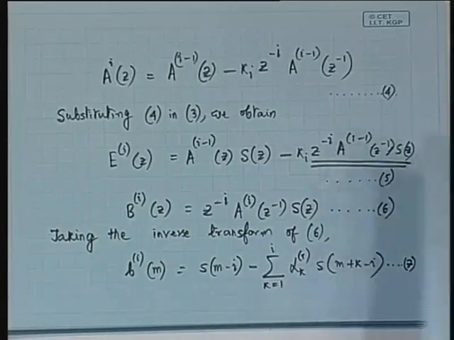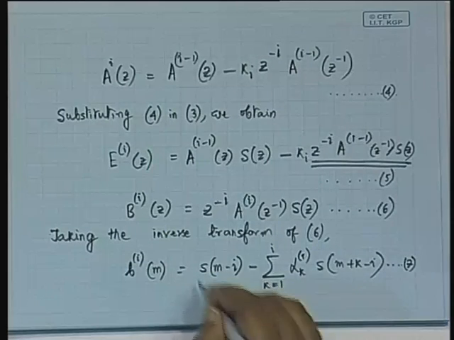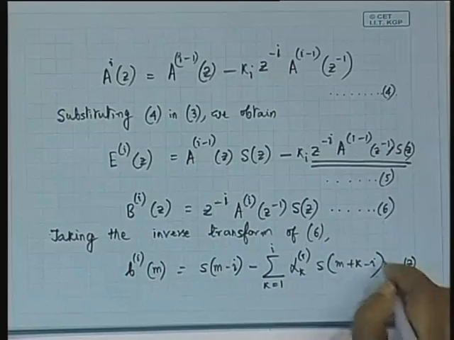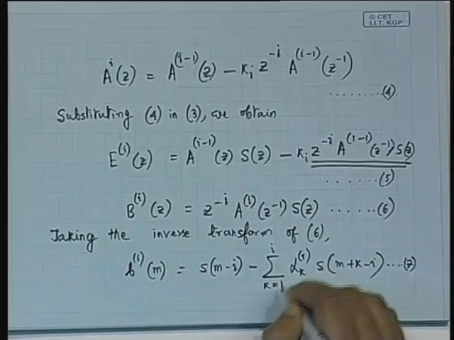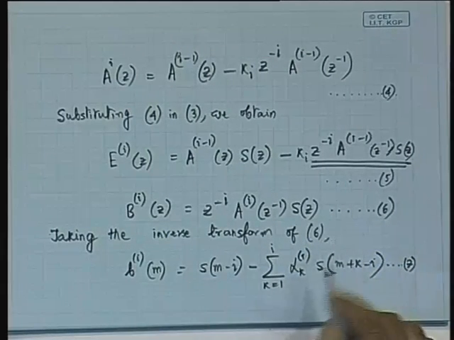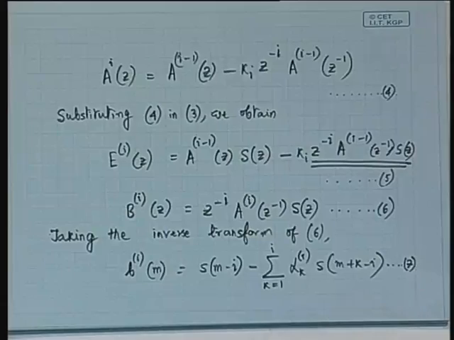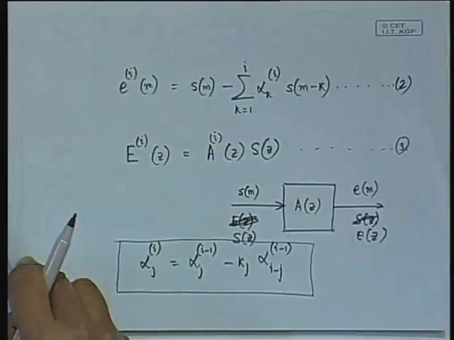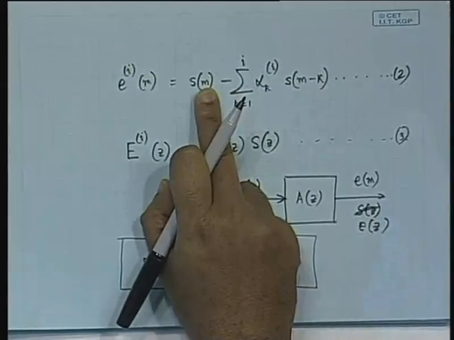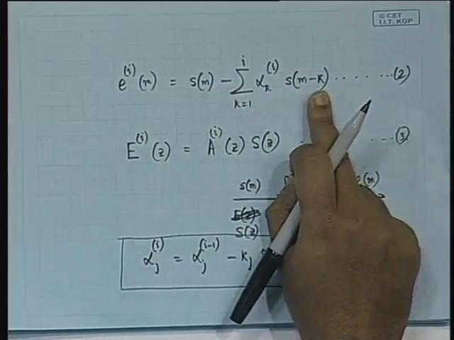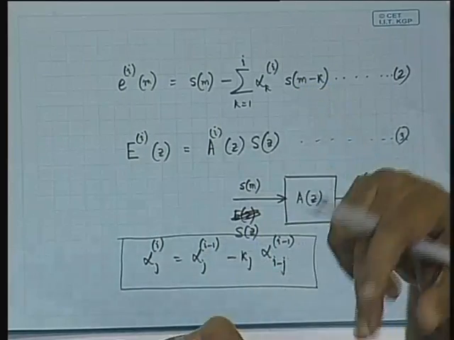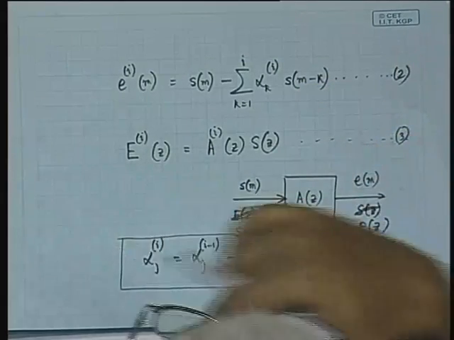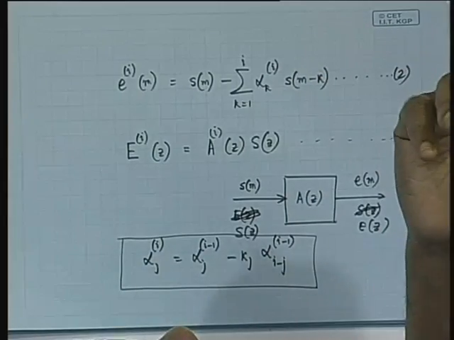Both are quite similar expressions: there is an S term and a prediction term, summation k equal to 1 to i alpha_k, and those remain the same. Only thing is that here there is s(m) and the predictors are s(m minus k), where k is a positive quantity.